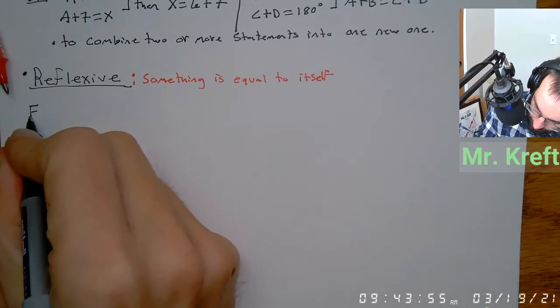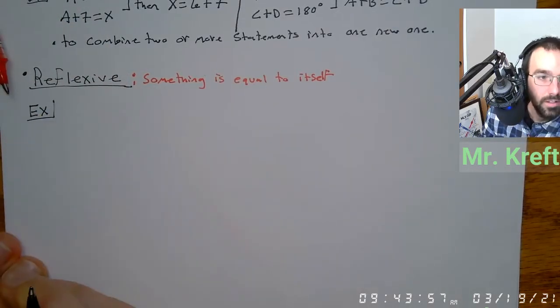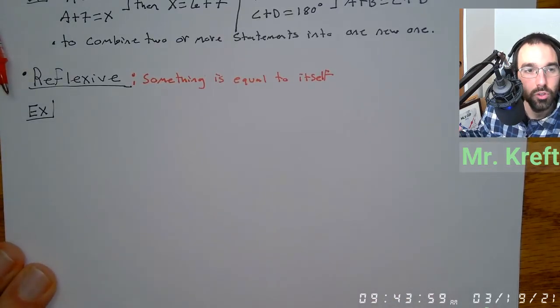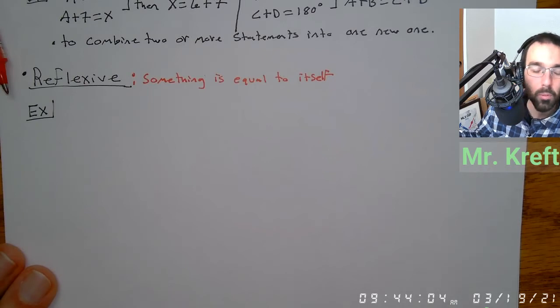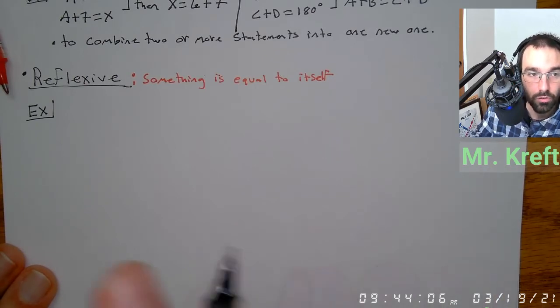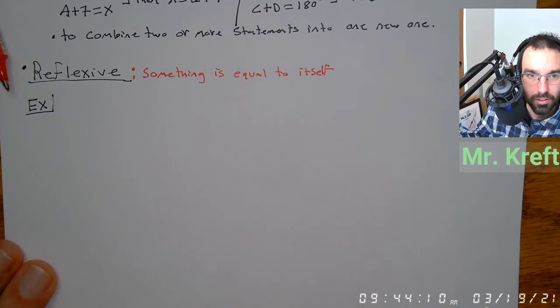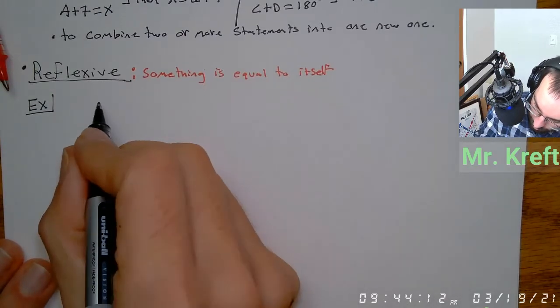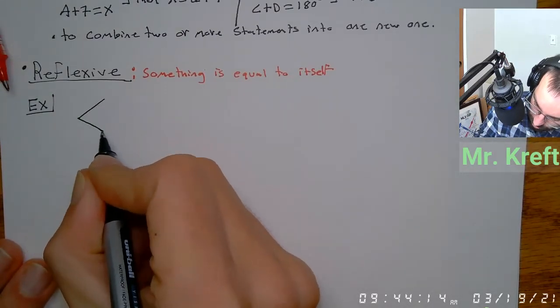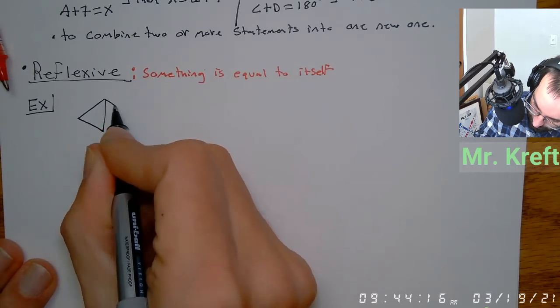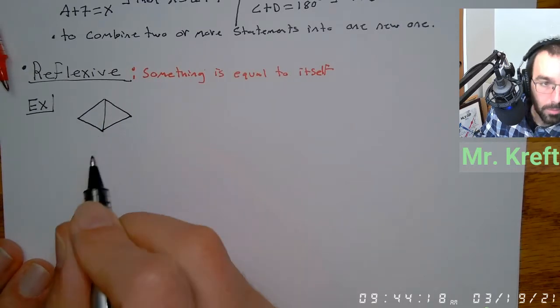Okay. So there are going to be two examples of this. Reflexive can be used with sides and angles. Again, we're going to want to prove triangles congruent, so we really want to be able to say, hey, do these shapes share something? One way of sharing, because sharing is caring, is this problem.